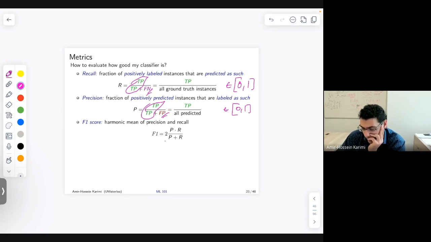This is between 0 and 1, and that is between 0 and 1. Then the sum of them is between 0 and 2. If this is between 0 and 1, and that is between 0 and 1, then the product of them is also between 0 and 1. We have a 2 in front of it, so 2 times a domain of 0 to 1 divided by another domain of 0 to 1 is also 0 to 1.